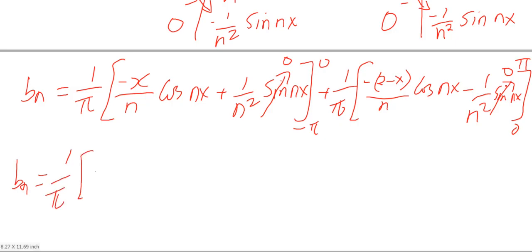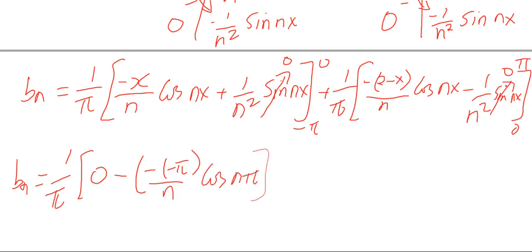Then when x is 0, this becomes 0. Then minus. When x is negative pi, we have minus pi over n, cosine of n pi. Now I'll just write cosine of n pi and not cosine of negative n pi, because cosine is an even function. So cosine of negative n pi is just the same as cosine of n pi.